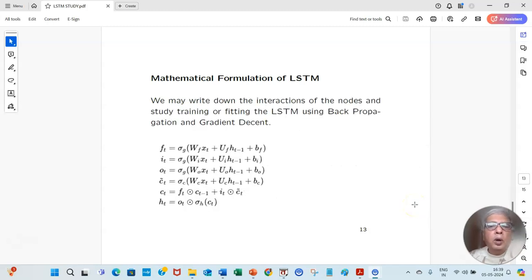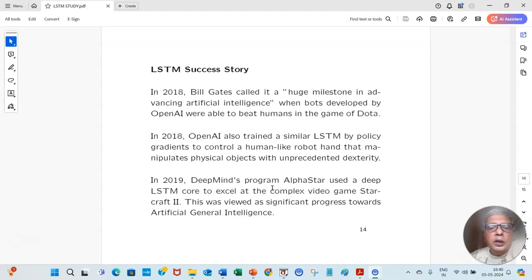We can also formulate the interaction of the nodes, how the forget node is working, how the input node is working, how the output node is working, etc. And we can use training and backpropagation while minimizing the cost function with gradient descent, and can have a good estimate of the weights and other parameters. There could be millions of parameters. And this LSTM leads to large language models, which came to us as ChatGPT.